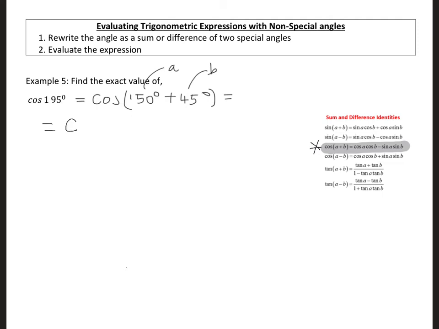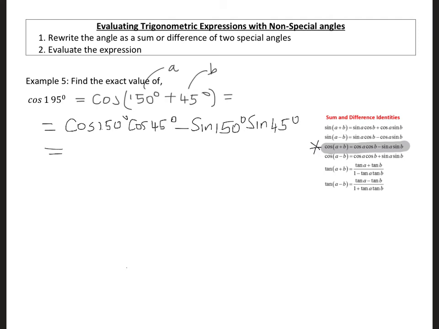So it's going to be cosine of 150 degrees, cosine of 45 degrees, and then what am I doing? Subtracting sine of 150 degrees and sine of 45 degrees.